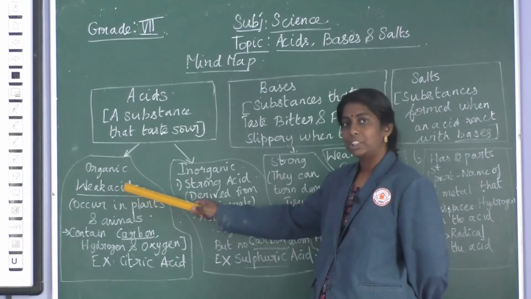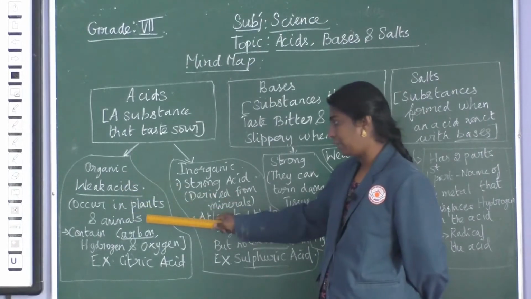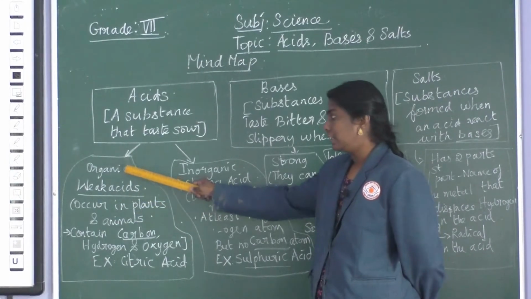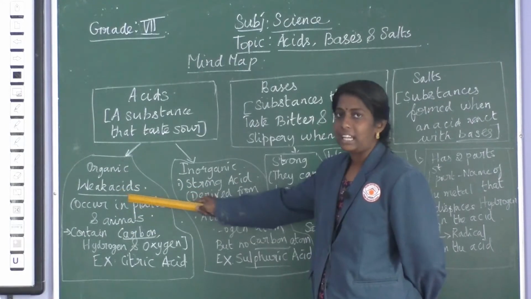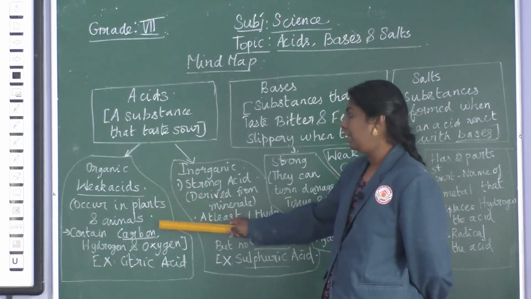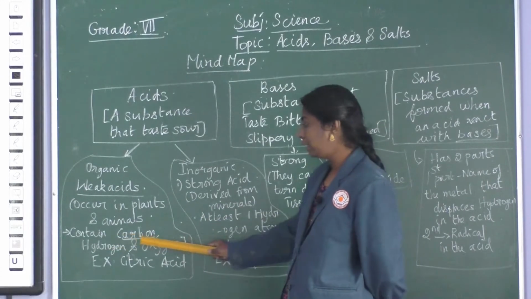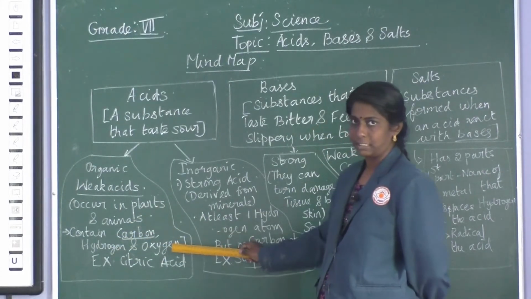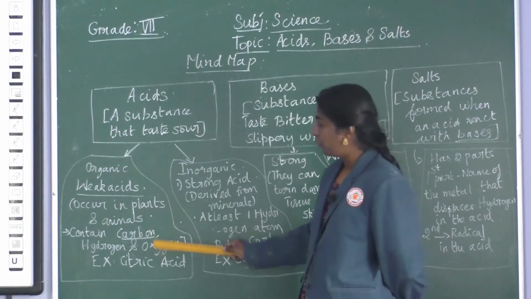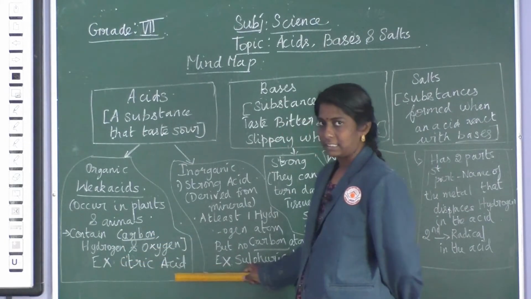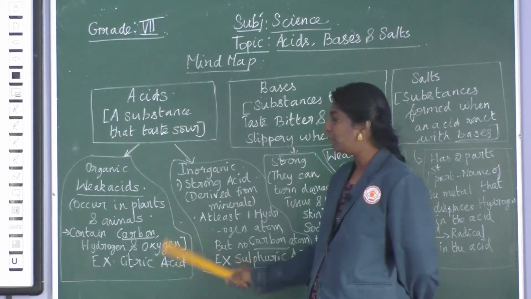They are generally weak acids. They contain carbon, hydrogen and oxygen. For example, citric acid. Clear?